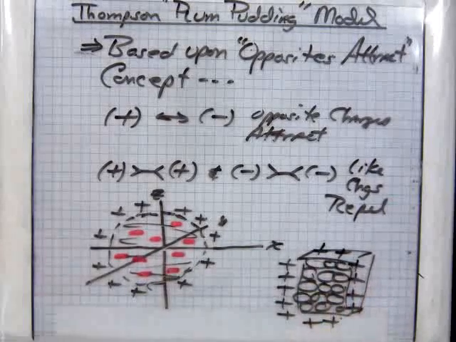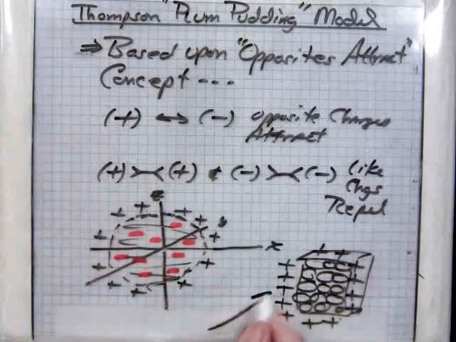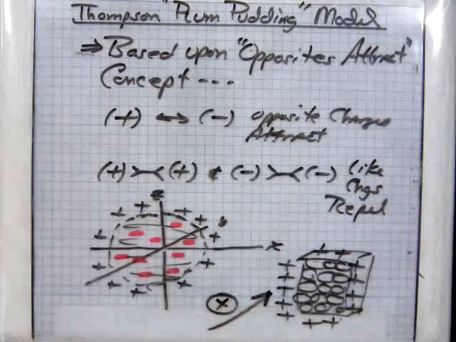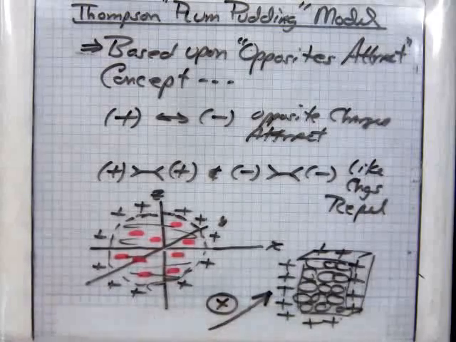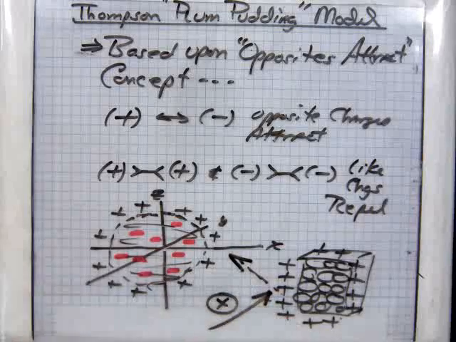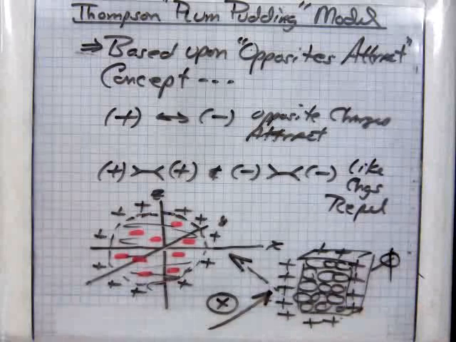So if somebody came along and shot, for example, a positive charge at that wall of atoms having a positive field, and like charges repel, they should see a repulsion and nothing would go through. Zero would go through that wall. Okay?